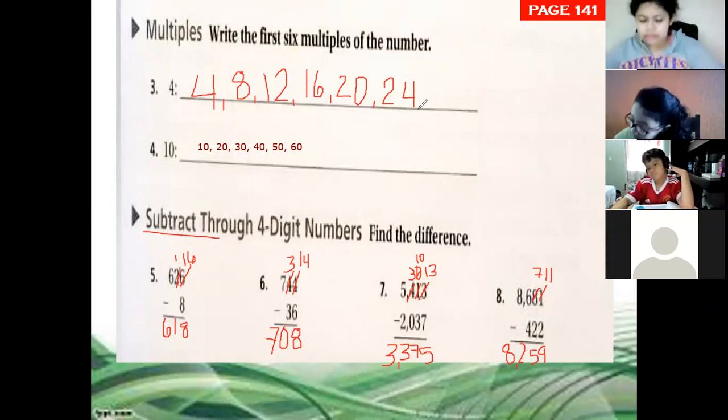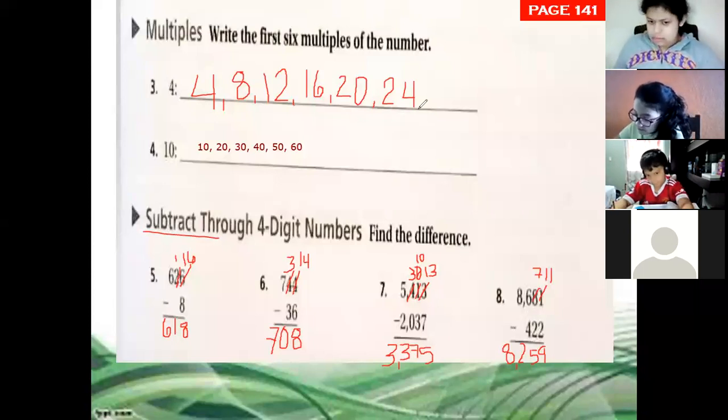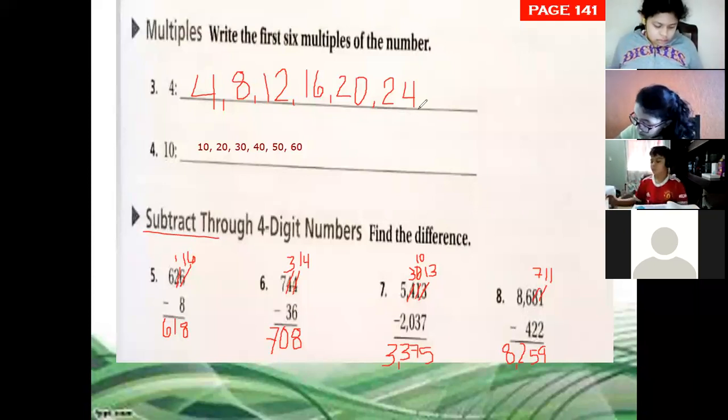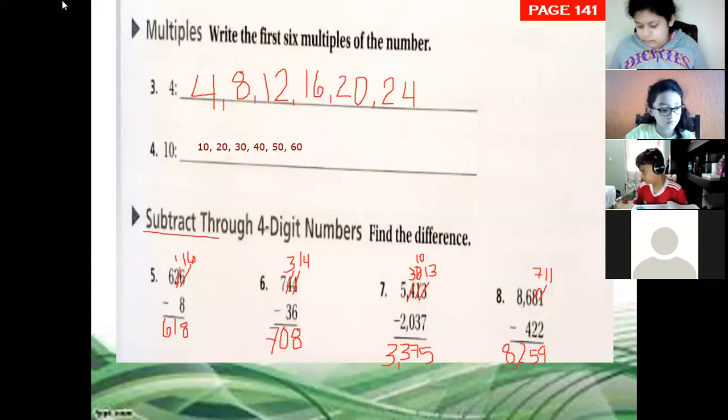I finished the copy, Miss. Okay. Finish the copy. Who is copying? I finished, Miss.